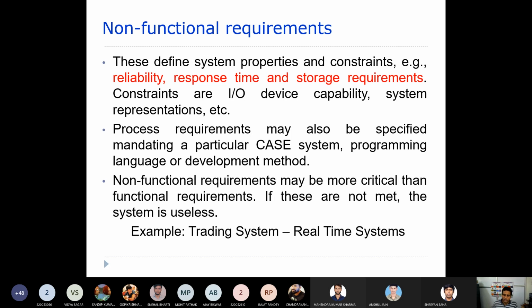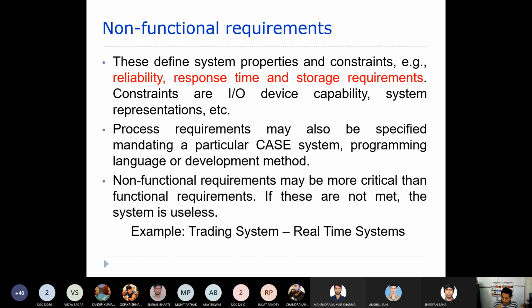When you are purchasing or selling a share, you need to know at every point of time what the current business is, what the value of a particular share is, every second, right? So there the response time should be very fast. If the system is delayed by 5 to 10 seconds, what will happen? You will not be able to trade the business, right?